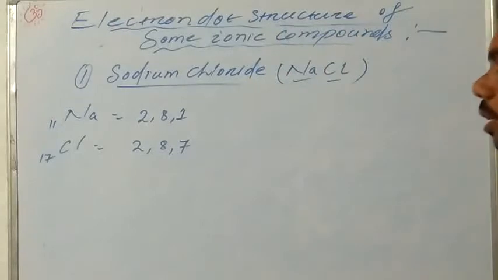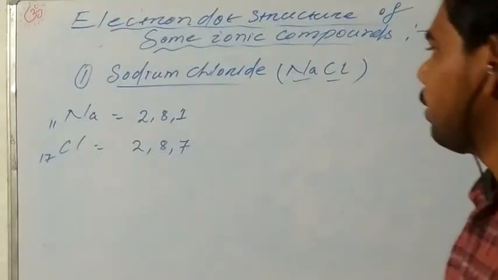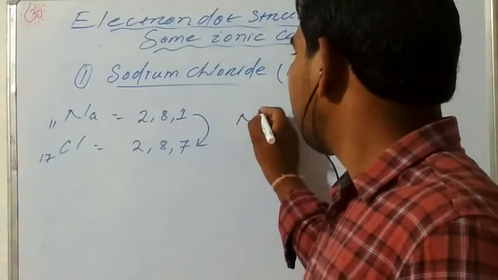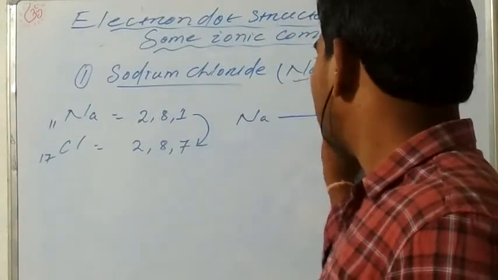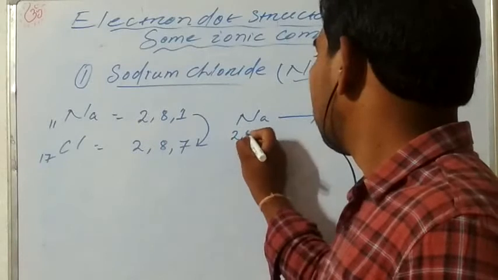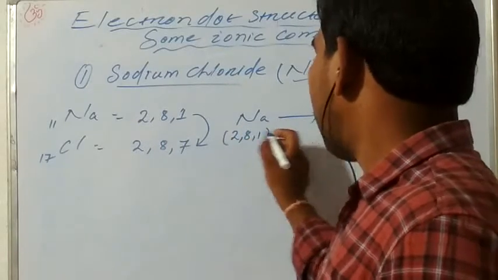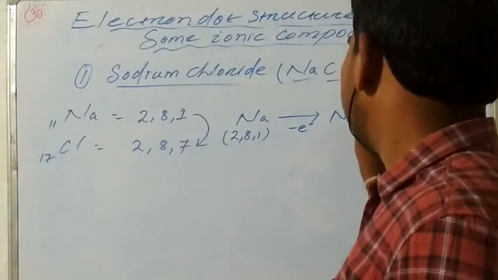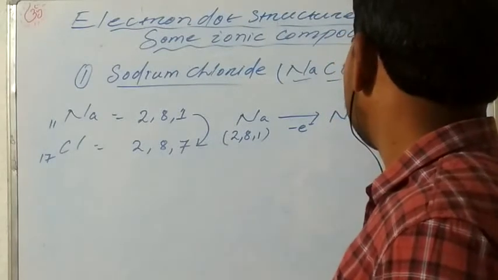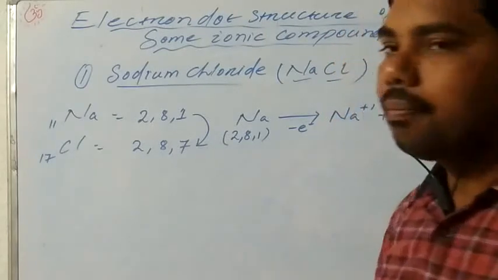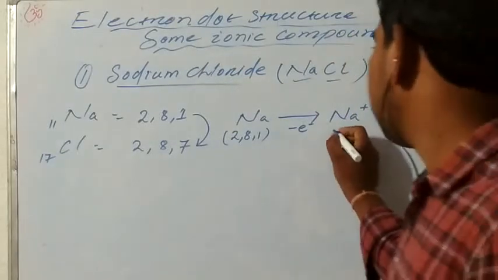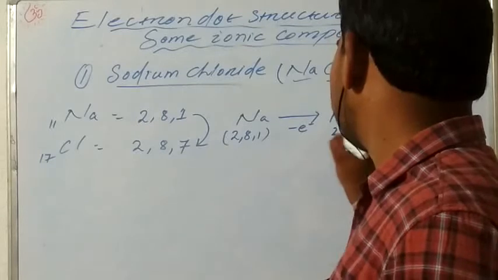Here sodium loses or donates to the chlorine atom. That is why sodium loses one outer electron and forms the Na plus ion. Sodium has lost one electron and formed a sodium ion, 2, 8.